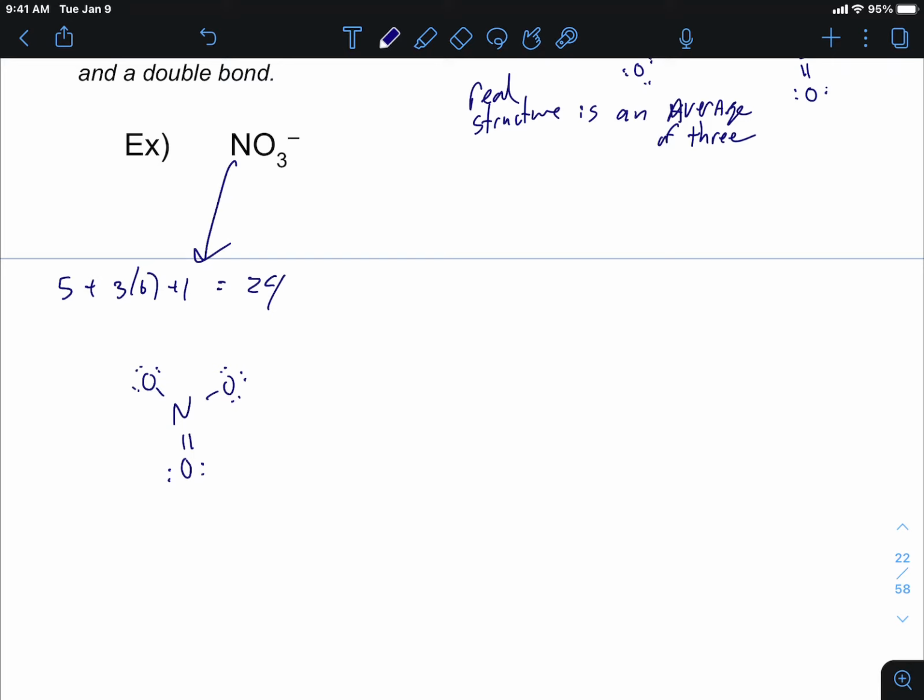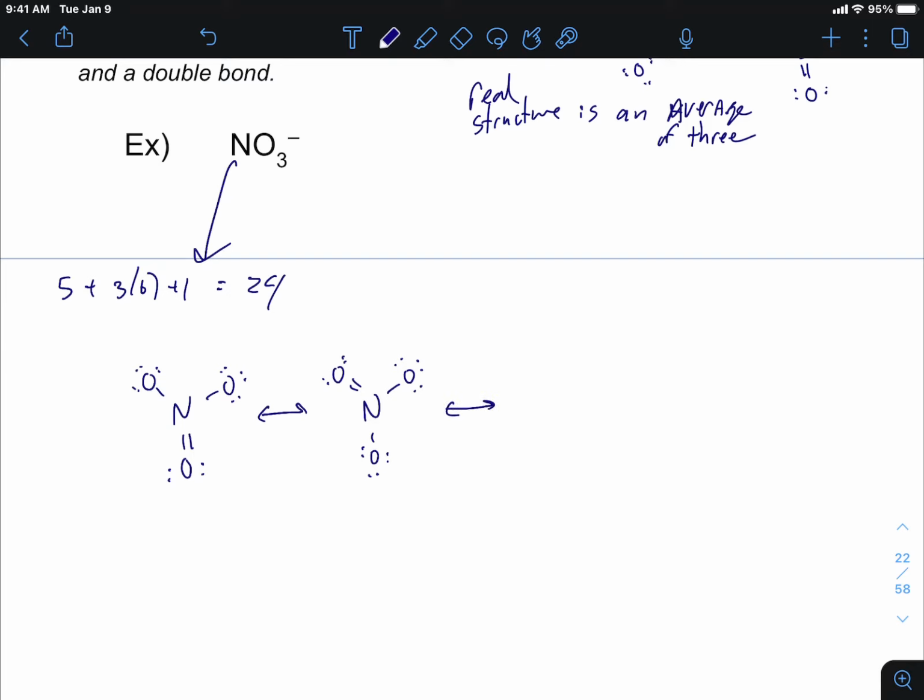Are all of the atoms attached to nitrogen the same? Meaning, are they the same element? They're all oxygens, right? So the fact that I put the double bond on the one on the bottom means I could have also picked the one on the top left, which means the double bond is potentially there as well.